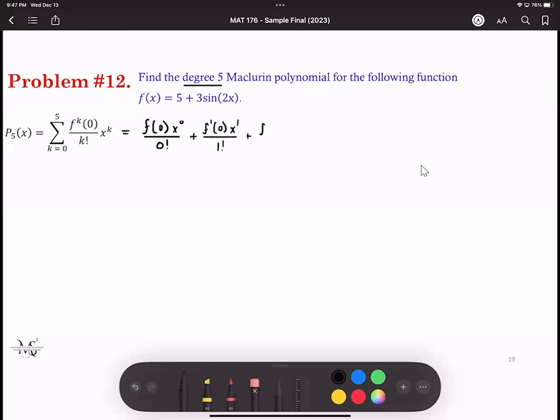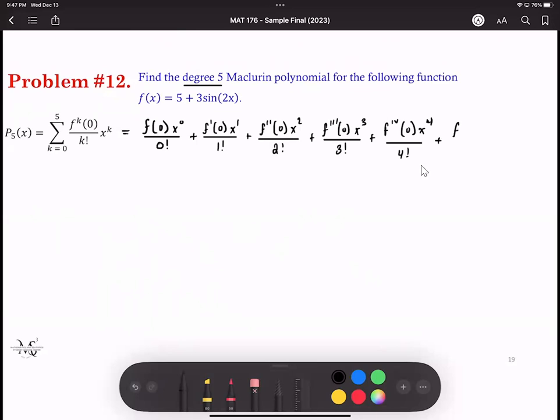And then you keep doing this until you get to degree 5, right? So f double prime of 0, x squared over 2 factorial, plus f triple prime of 0 times x cubed over 3 factorial, plus f quadruple prime of 0 times x to the fourth over 4 factorial.